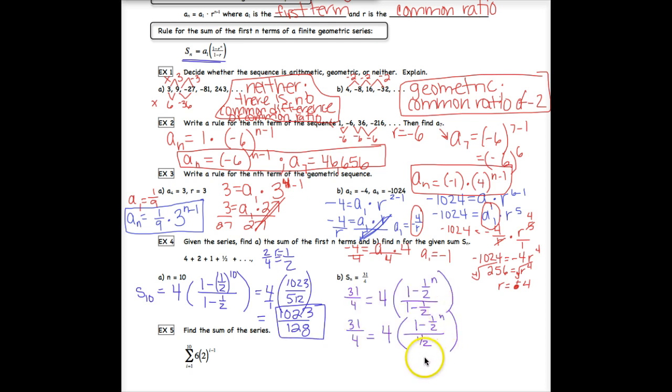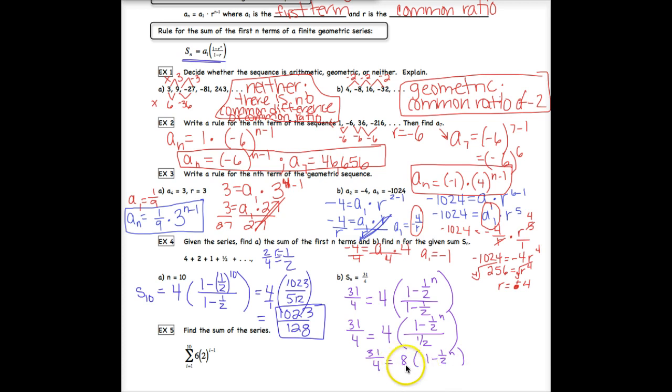So what I can do next, dividing by 1/2 is the same thing really as multiplying by 2. So instead of having the 4 divided by 1/2, I can have 4 times 2 and get rid of this denominator here. So I can make this 31 over 4 equals 8 times 1 minus 1/2 to the n, and I've gotten rid of my denominator there.